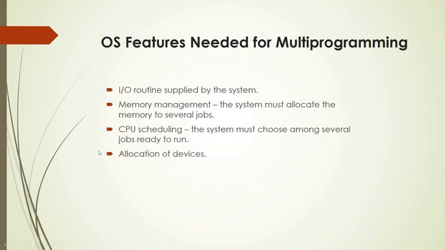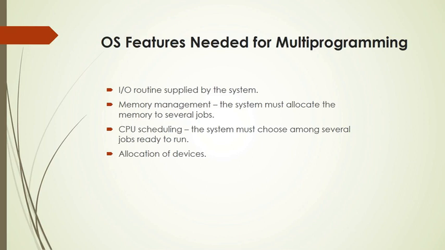And finally, one more feature is allocation of devices. There are multiple input output devices, so two or more jobs may be requesting the same device. In such a case, which job will be allocated which device is again under the control of the operating system, so that there is no conflict.